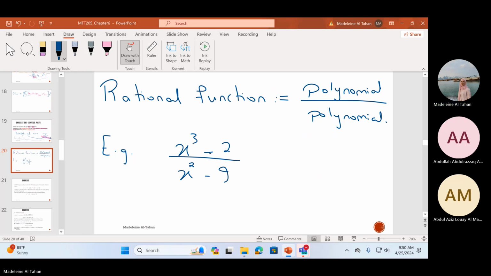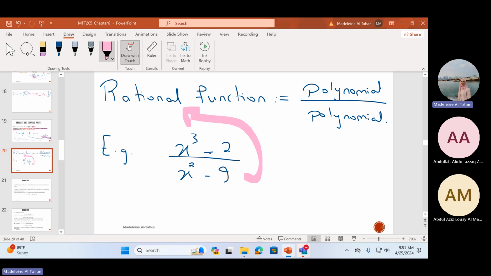Where are our only problems here? In the denominator. Our problem is in the denominator. So this one is a rational function first. The problem is in x squared minus 9. If I substitute 0, do we have a problem? No. If I substitute 1, or 1.5, no. If I substitute 3, I will get 0 in the denominator. I will get undefined.